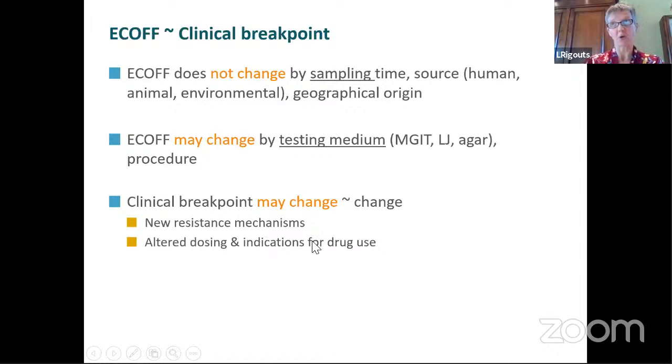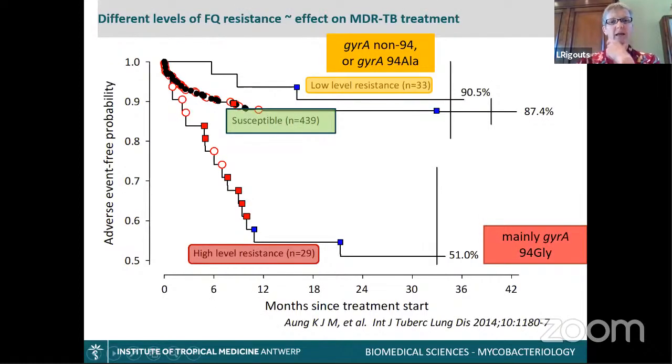If we say that fluoroquinolones can be given at a higher dose, and we do have a bimodal curve, we can obtain a new clinical breakpoint for the organism. And we have shown, it's Armand van Deun in a study in Bangladesh, has shown in the short MDR-TB treatment regimen that patients with susceptible fluoroquinolones had a good treatment outcome.